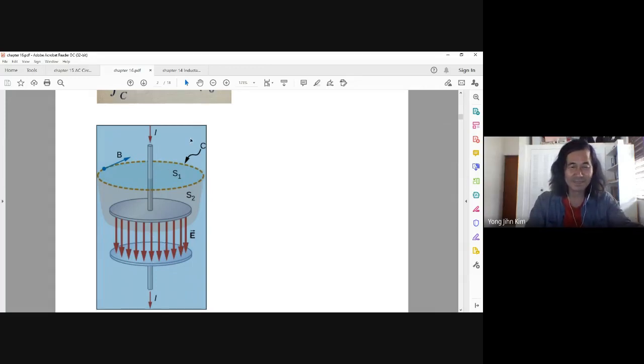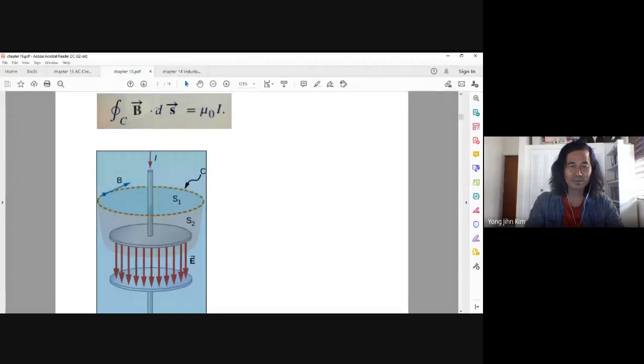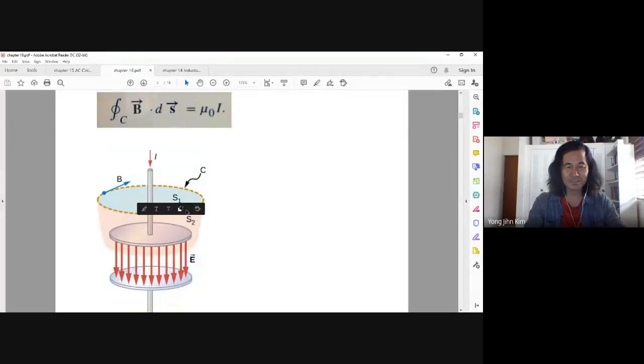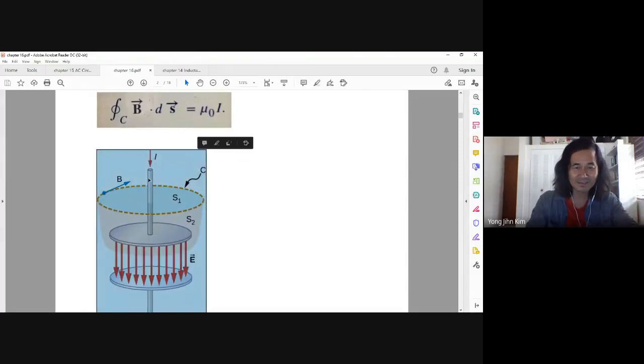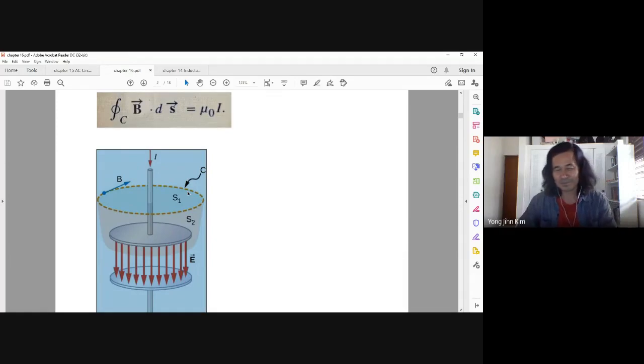Okay, so I apply Ampere's law to this curve C. The line integral B dot ds along this curve C is mu0 times the current enclosed by this curve C. And you remember electric current is an extrinsic quantity, which means it depends on the shape and size of the system.